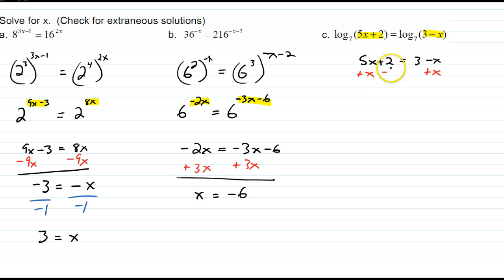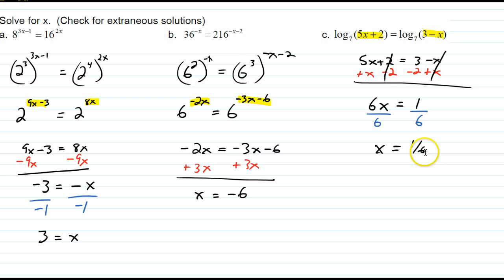And let's go ahead and minus the 2 in the same step. So we get 6x is equal to 1 divided by 6. And I get x is equal to 1/6.